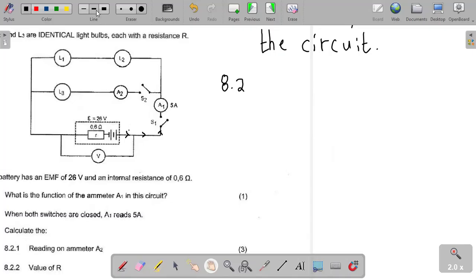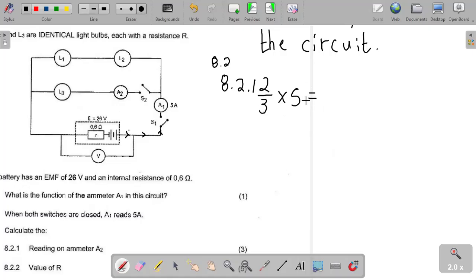So what we're saying here is that 2 out of 3 parts of the total current, which is 5, will be equal to, okay, this is 8.2 and this is 8.2.1.